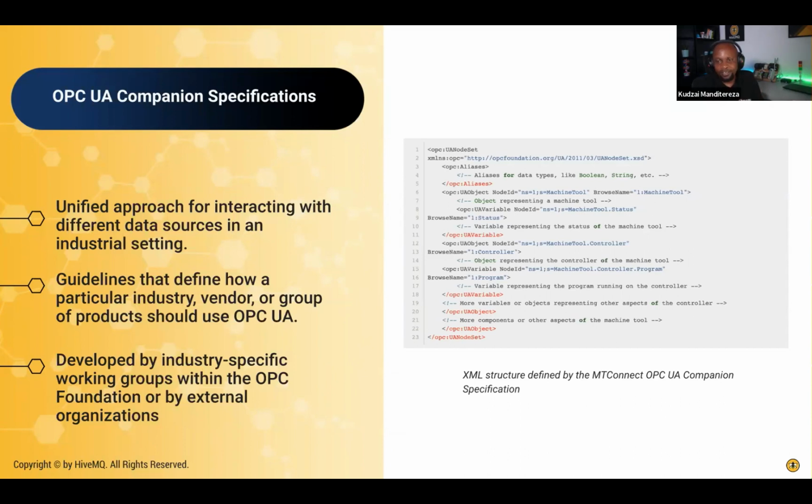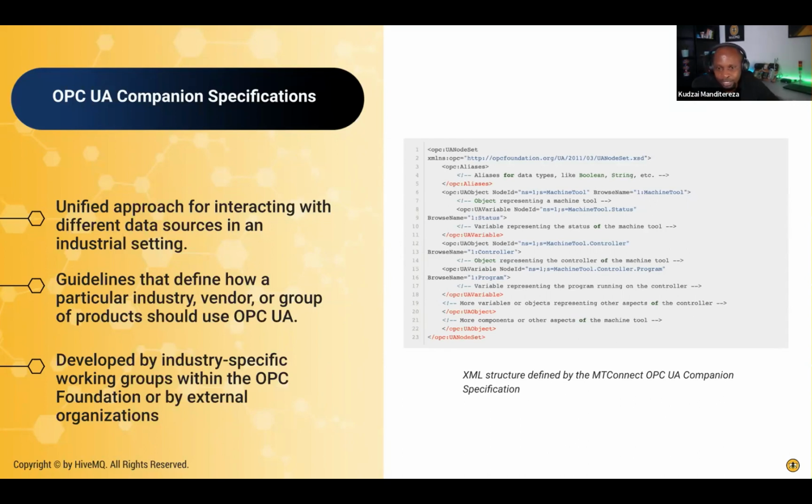So if you've got a robotic arm that supports OPC UA, there are some standards that define how that robotic arm exposes its information via OPC UA. So that will be a consistent structure. So it might be of use to you to say, if you want to push that information out, we are using an OPC UA companion specification.